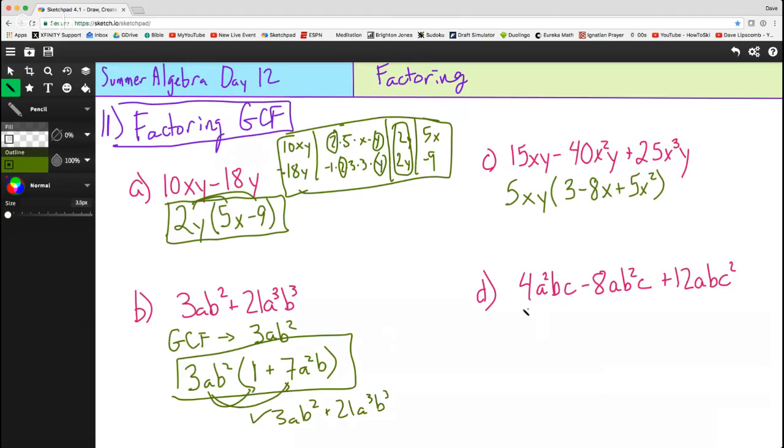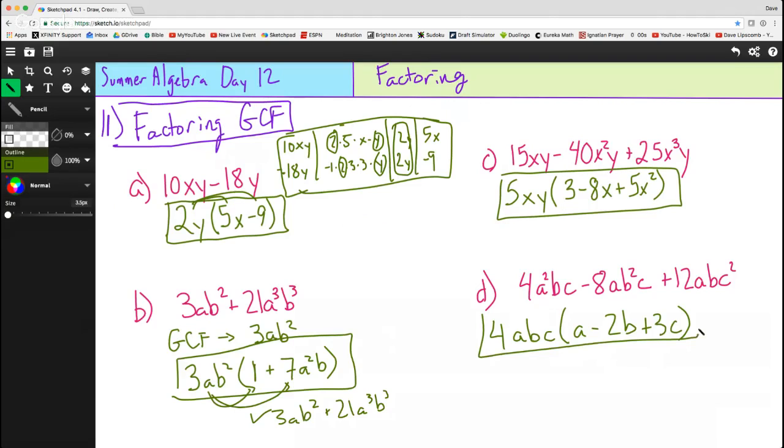Down here, our GCF is 4abc times a minus 2b plus 3c. And our check step all is good. I'm checking my work here. Everything looks dandy. And we have to box our answers.